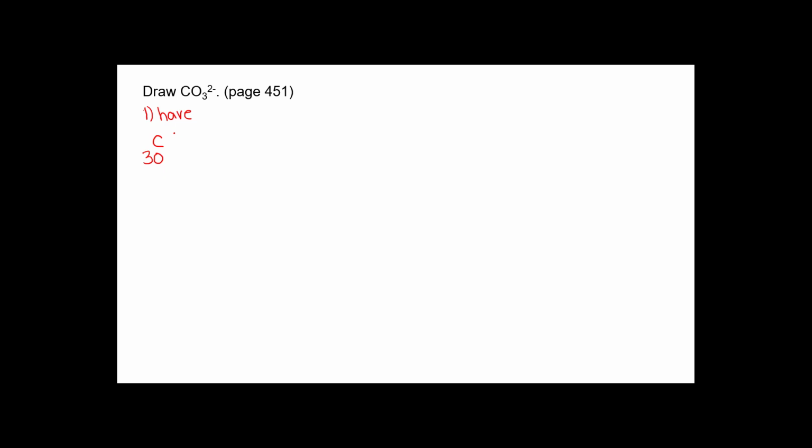All right, so I have a carbon, which is 4. I have 3 oxygens, so 3 times 6, and now I got to count for the 2 charge. I put a C here, a charge, one right there, and a 2. This is the only difference in the step. You have to account for the charge in number 1, and that's it.